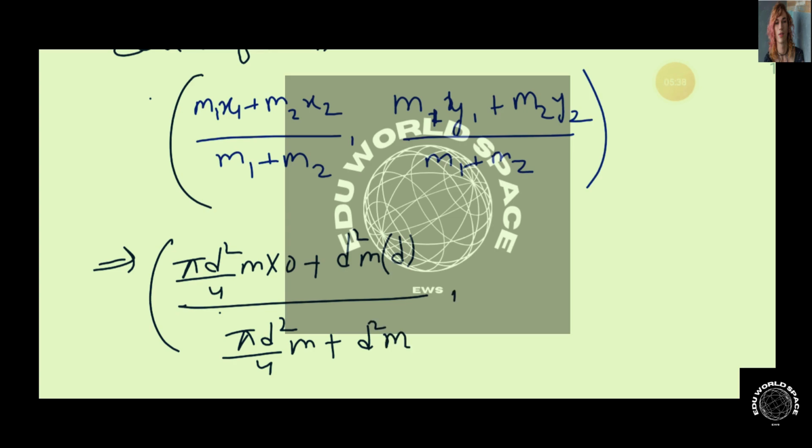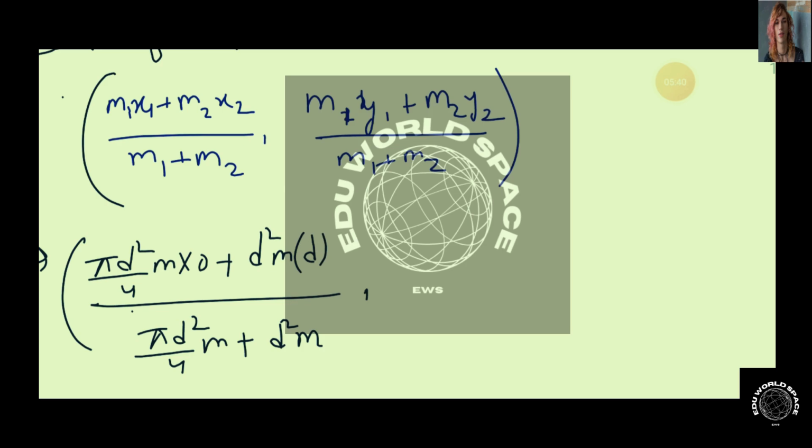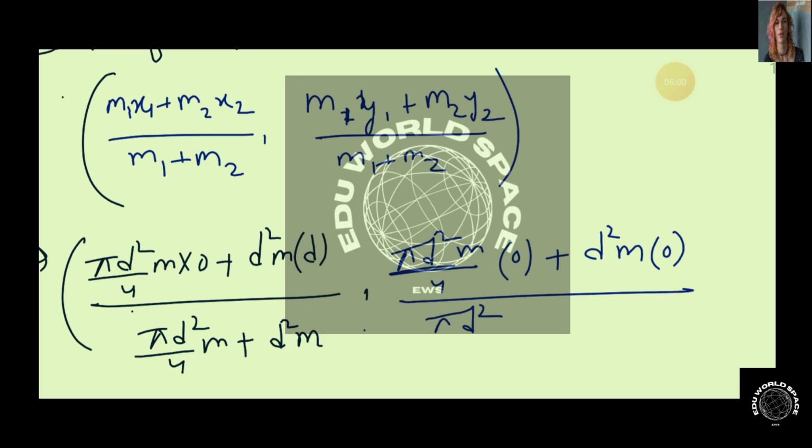Similarly, the y coordinate after substituting the data is pi d square times m divided by 4 times y1, which is 0, plus d square m times 0, divided by pi d square times m plus d square times m.